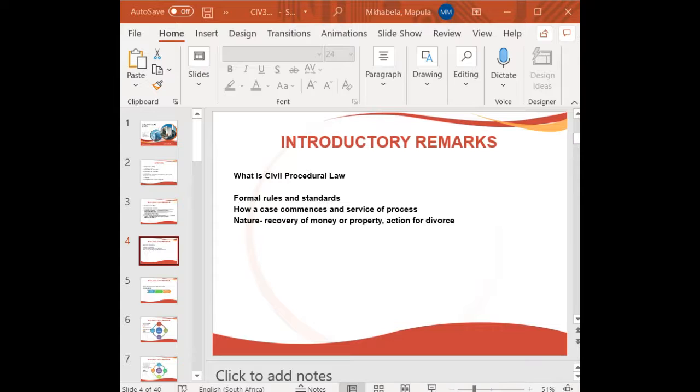Moving along, ladies and gentlemen, action proceedings has two types of summons. They are your simple and combined summons. Using a simple or combined summons depends on whether you are suing for money or an action for a divorce, or even a claim for damages.